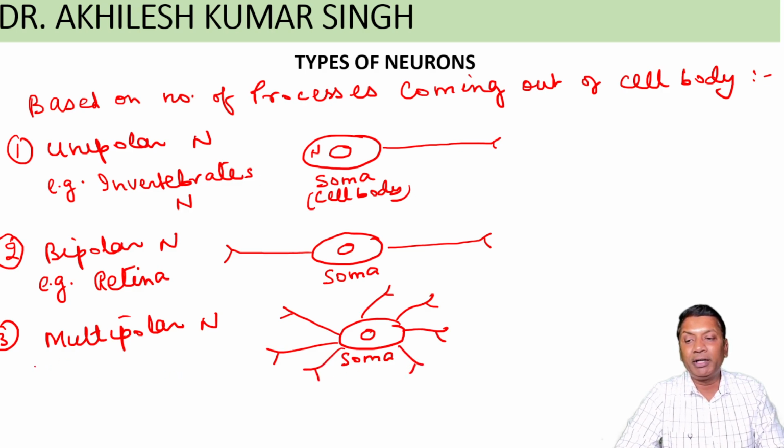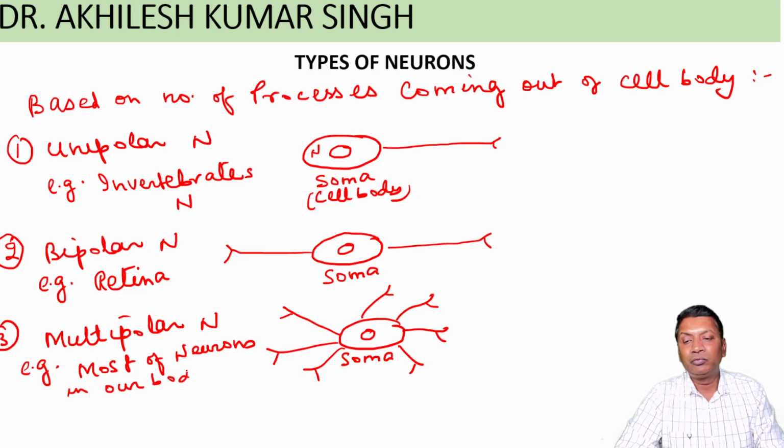Most of the neurons in our body are multipolar neurons. For example, the motor neurons in the body are multipolar.